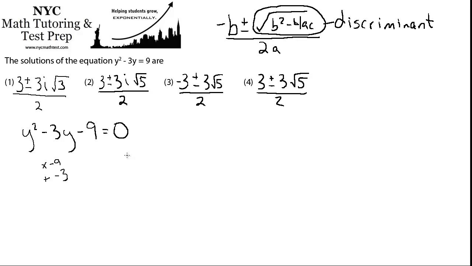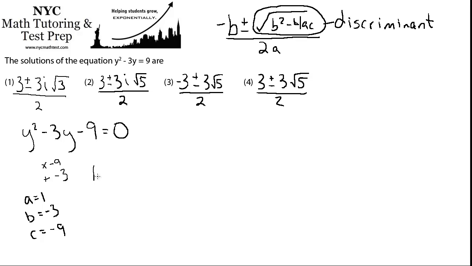So in this case, let's plug in. Remember, the coefficient of the first term is your a, the coefficient of the second term is your b, so b is negative 3, and c is negative 9. So a is 1, b is negative 3, and c is negative 9. I'm going to plug into the discriminant.